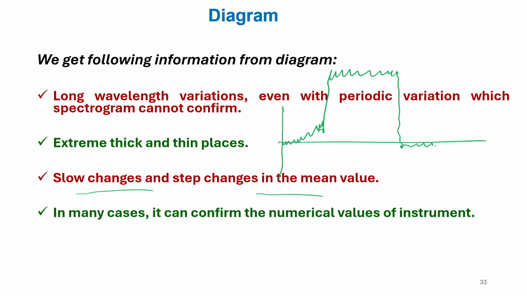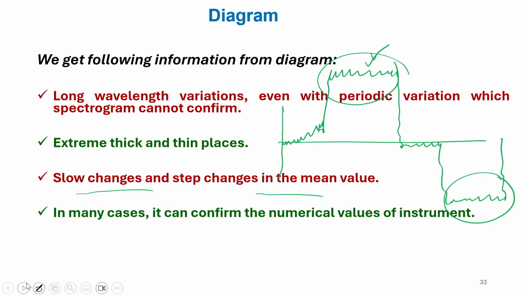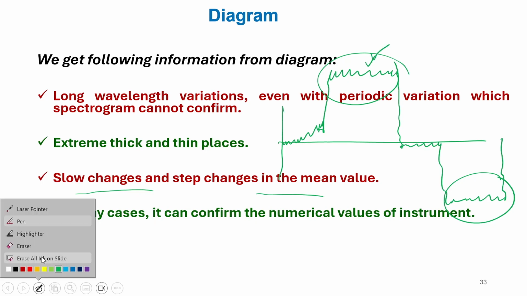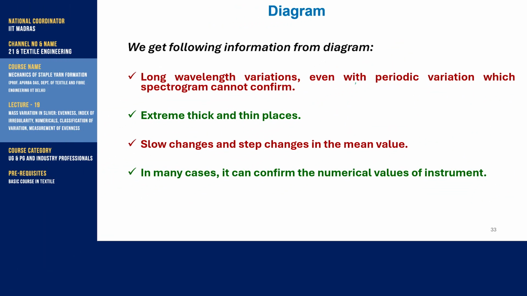This will show the running performance, because there is a split or doubling. And a slow change will be there. This type of change is also possible, where we can identify the long term variability.